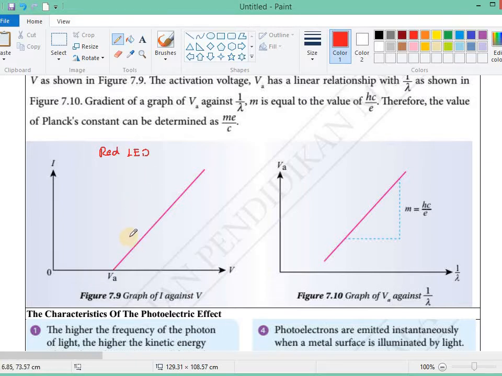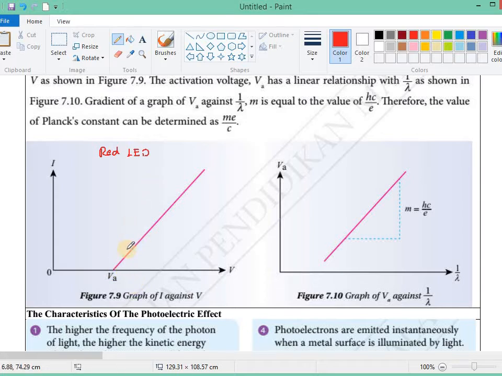So you need to increase the voltage of the red LED until it reaches a certain voltage. Then after that, the red LED will be able to let current pass through. Okay, then only can current pass through the red LED.